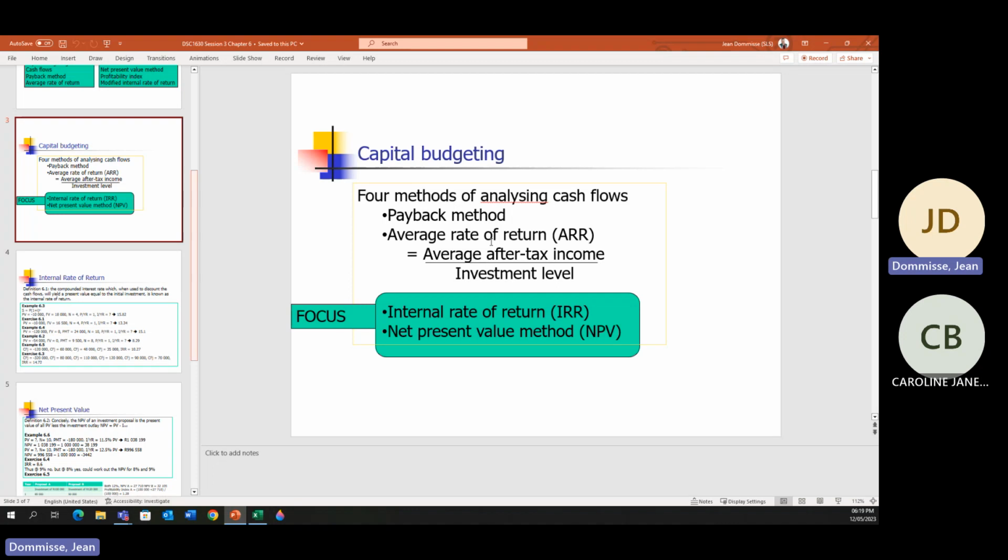If you have to look at average rate of return, example 6.2 is a very straightforward one. In example 6.2, you get a table, you work out what the total is, so you work out what your average after-tax income will be, and you divide that by the total investment.